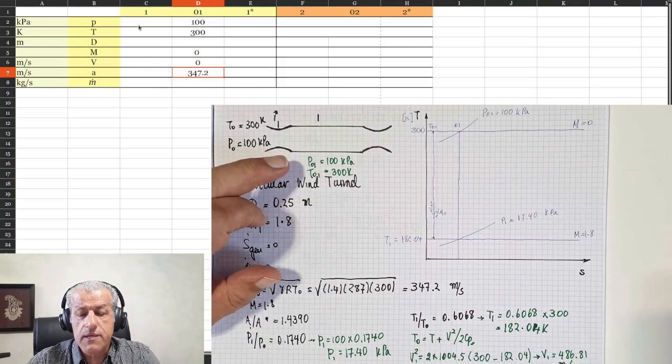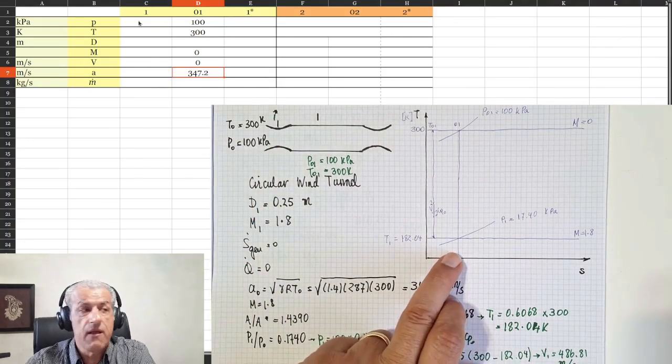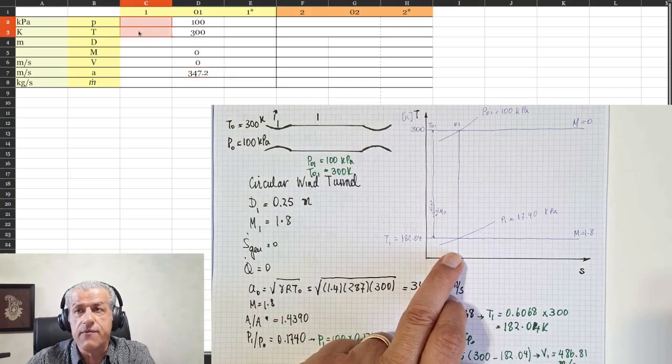Now, at point 1, we calculated the static pressure and temperature. The diameter we were given at the start of the problem to be 0.25 meters. The Mach number we knew to be 1.8.